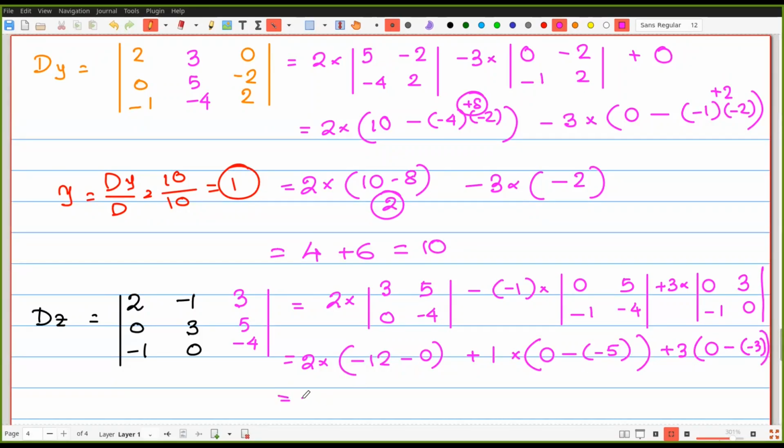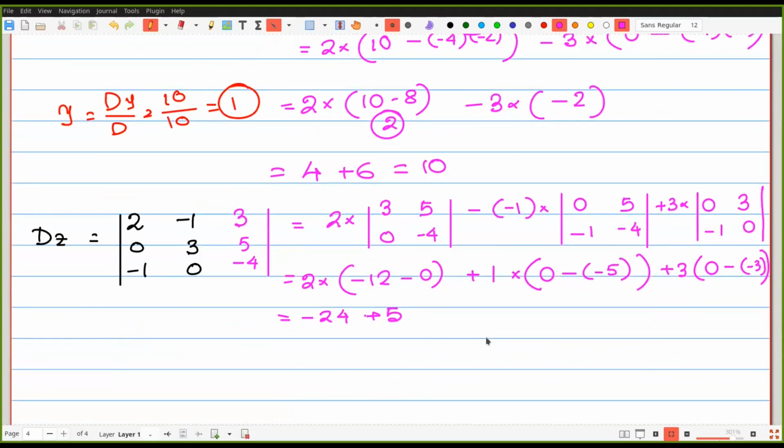So that one is minus 24, minus of minus, that means plus, and that is plus 3, so that means plus 9. So that one becomes minus 10.